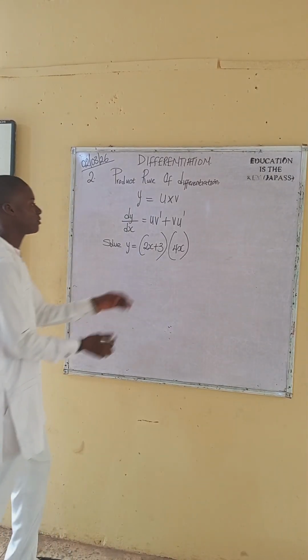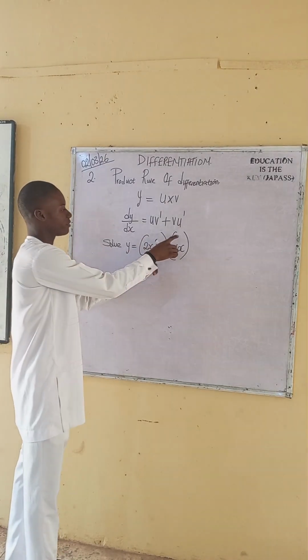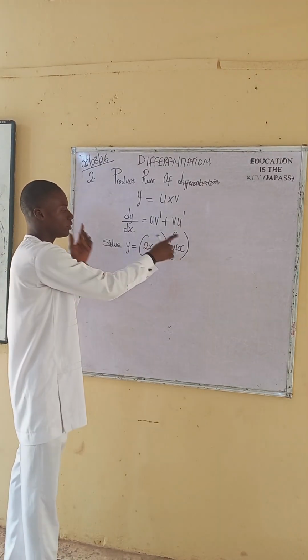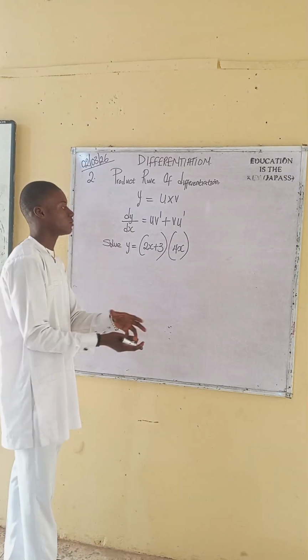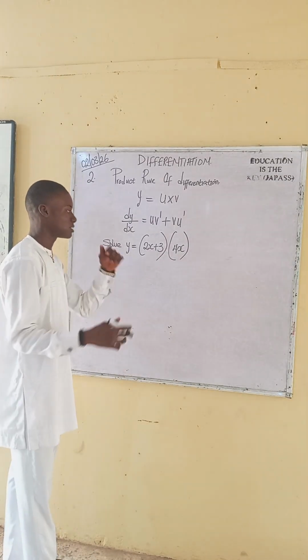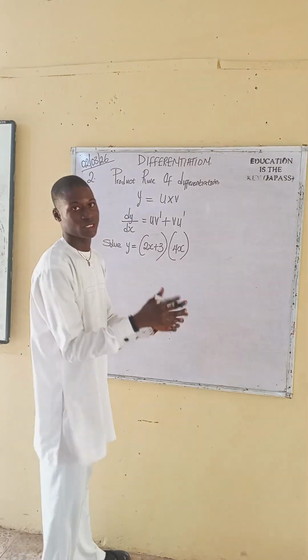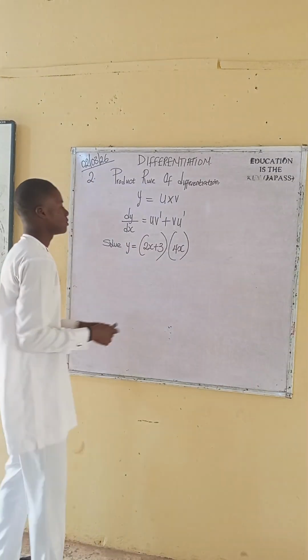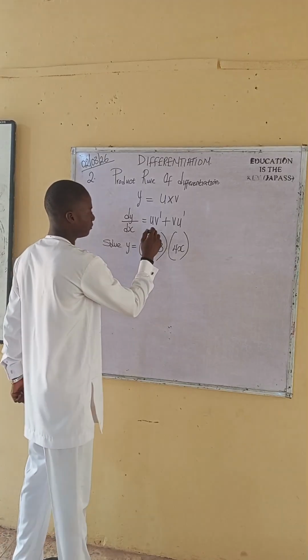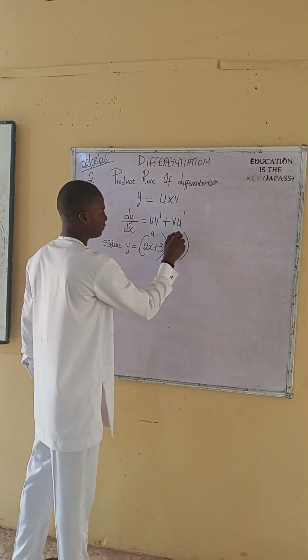You can either call the first one u and the second one v, or call the first one v and the second one u. Because in maths, 2 times 3 is equal to 6, and 3 times 2 is equal to 6. So the order does not really affect the calculation for the product rule. Now let's assume I'm calling the first one u and the second one v.